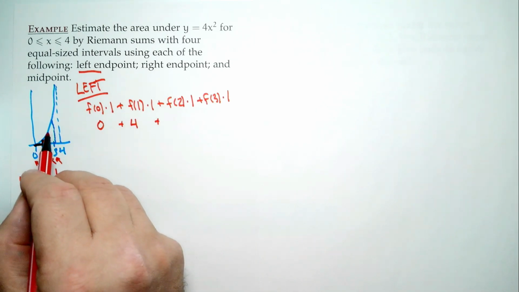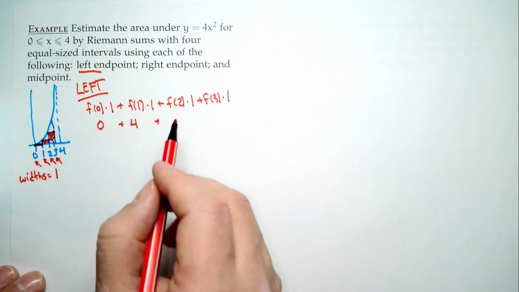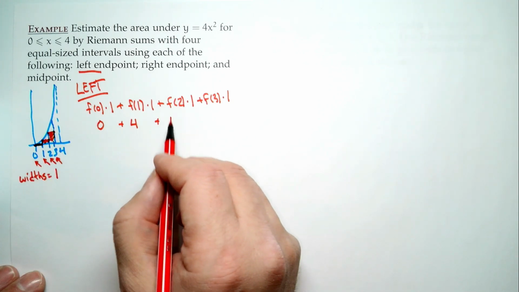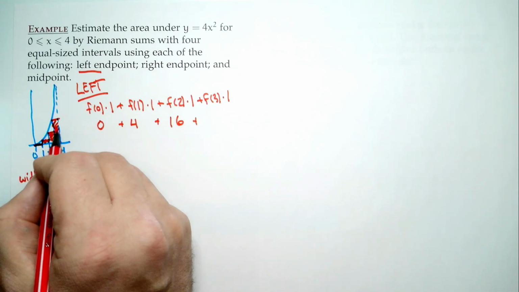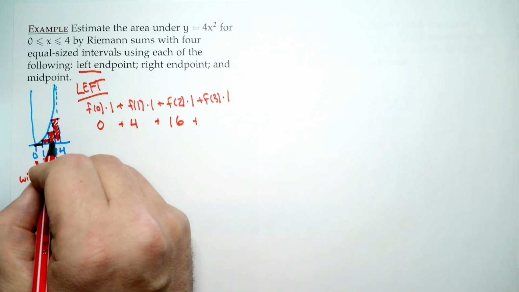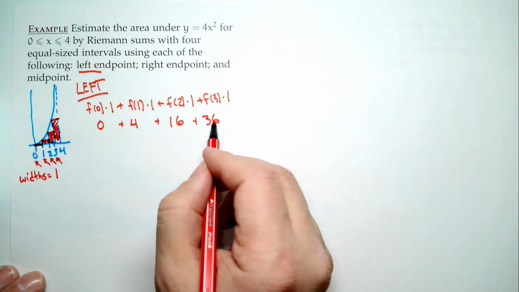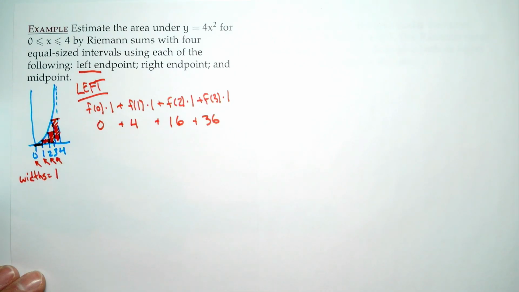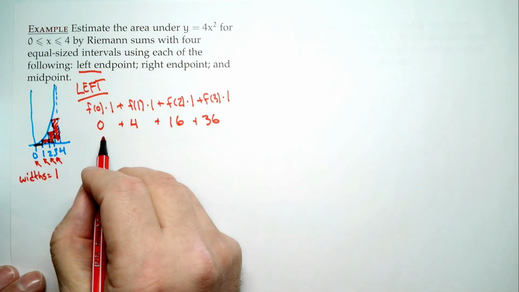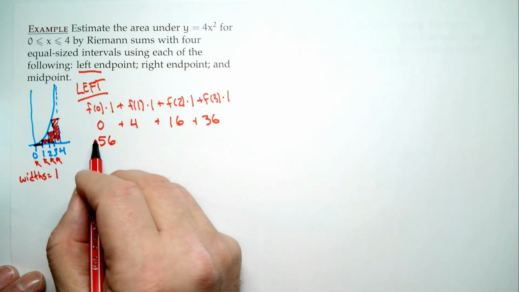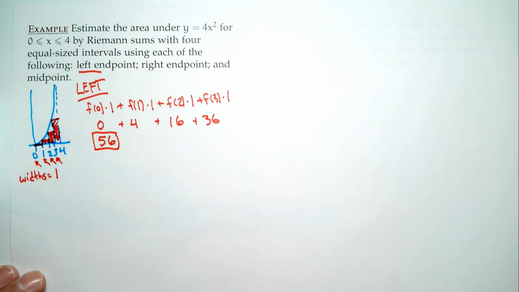And then the next one, what do I get when I plug in 2? 16. And the last one, what do I get when I plug in 3? 36. So we add these all up. 4 plus 16 plus 36 gives us a grand total of 56. So that's our left.